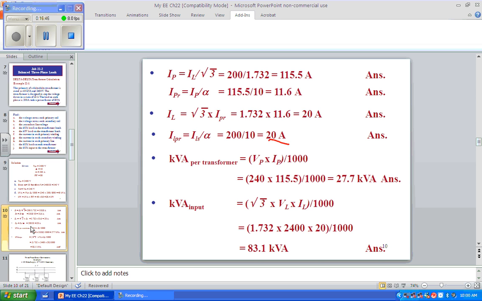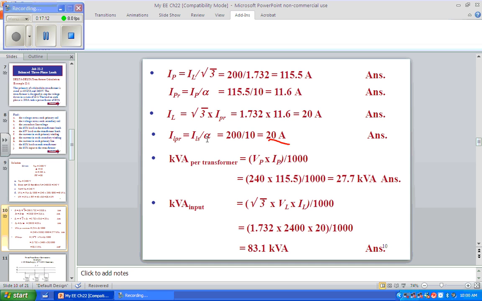So, let's see. Primary line current is equal to times the, I'm not used to using this alpha, but that's okay. We'll get used to that too, I guess.